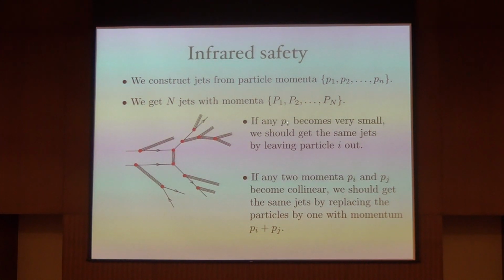So if any of those Pi becomes very small, we should get the same jets if we just leave that particle out. And if 2 of the particles, i and j, become collinear, then we should get the same jet if we replace Pi and Pj by just 1 particle with momentum Pi plus Pj. So that's the property we need for a jet definition, and it's called infrared safety.